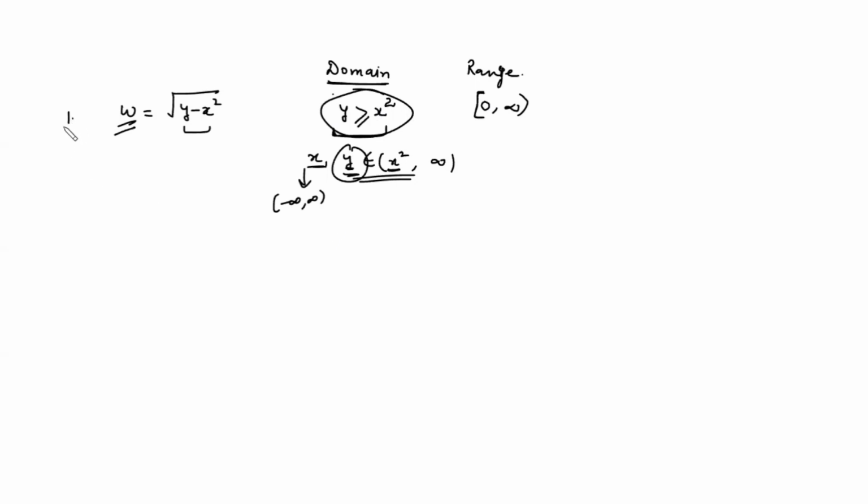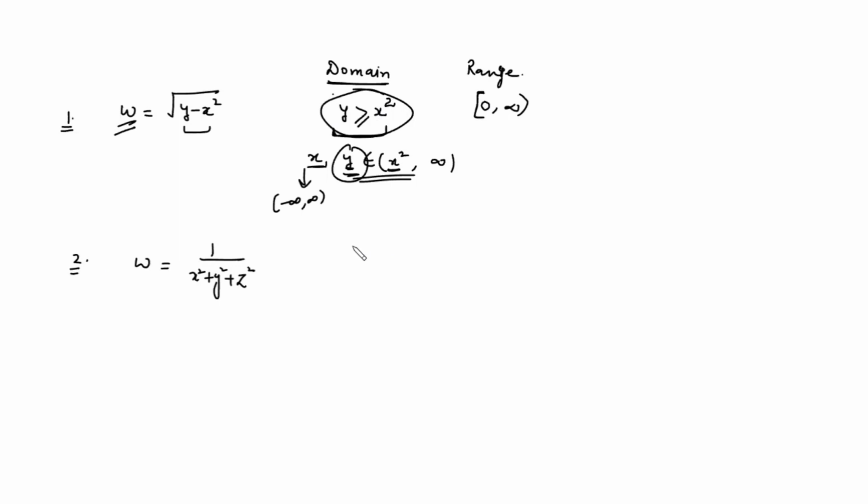Okay, and now just see one more example. Let's suppose w is 1 upon x square plus y square plus z square. Then what will be the domain set and what is the range set? x square plus y square plus z square not equal to 0.